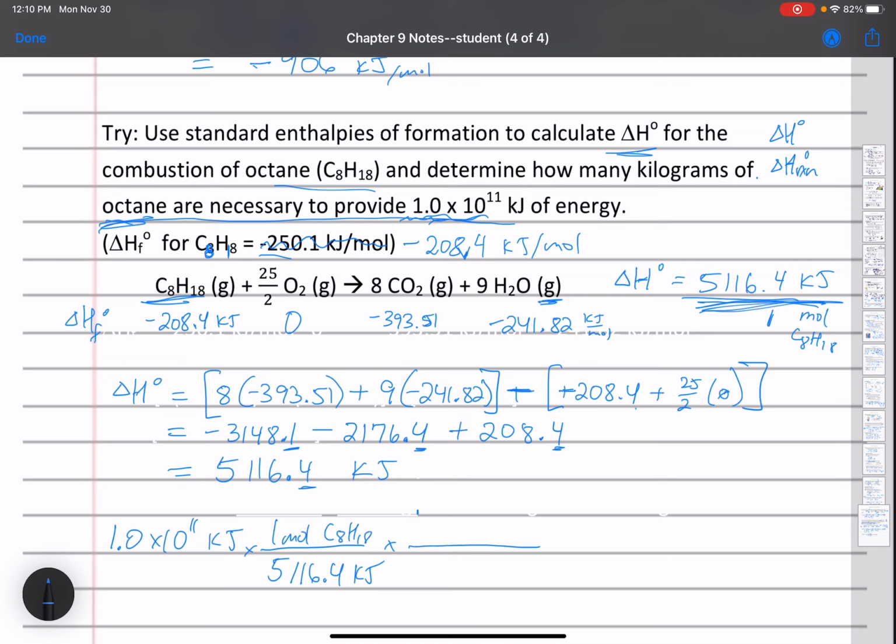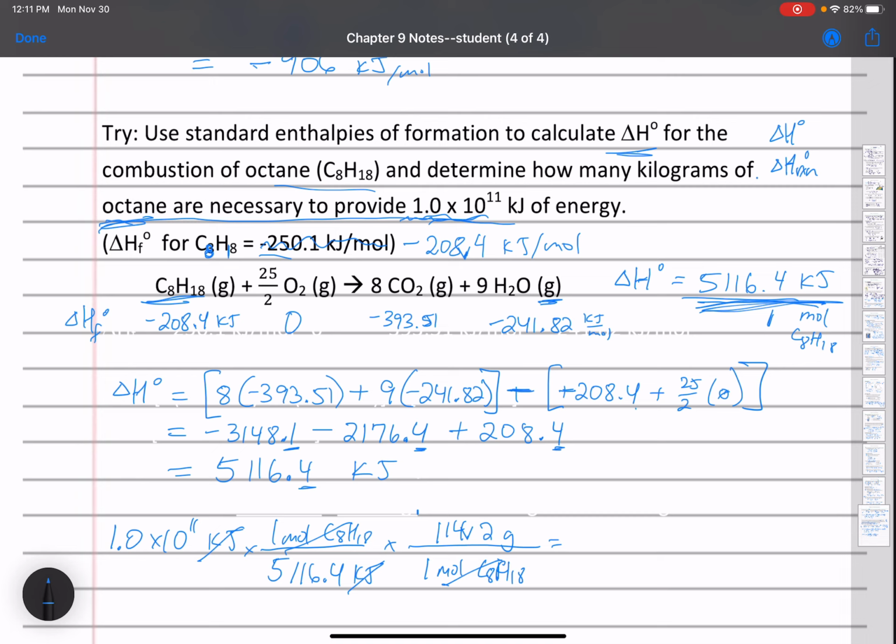And then we can go from moles to grams using the molar mass of octane. And the molar mass of octane is 114.2. So our kilojoules cancel, our moles of octane cancel, and we get our answer in grams.